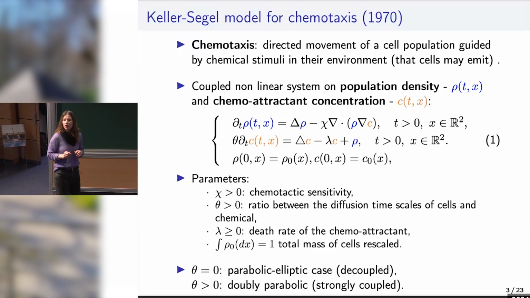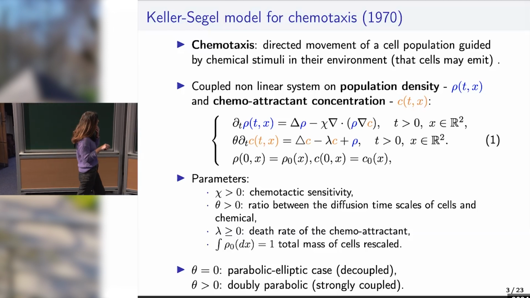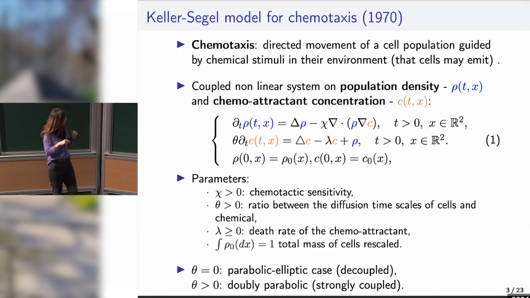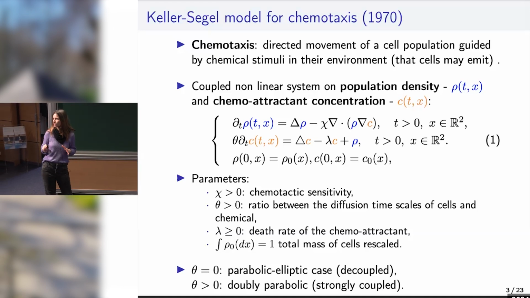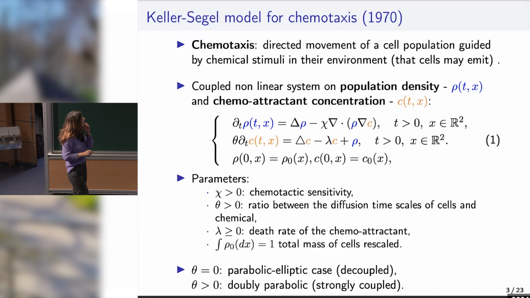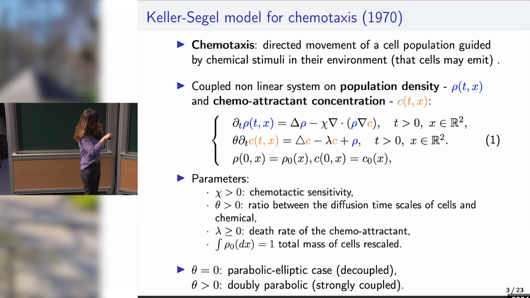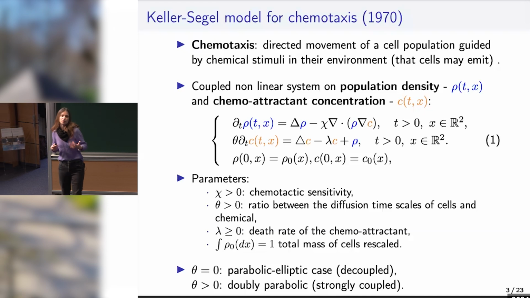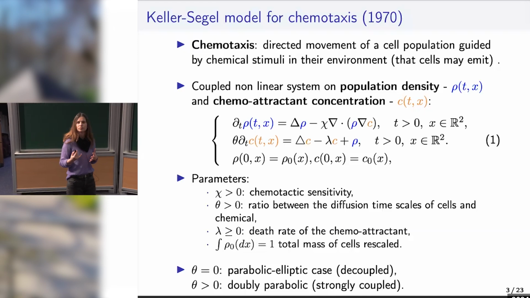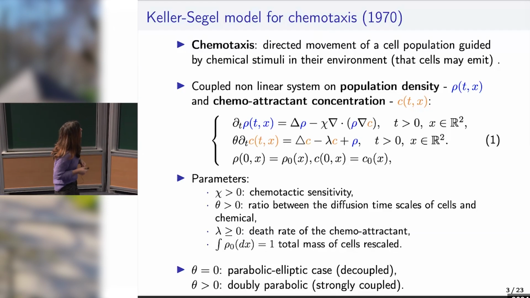However, when theta is strictly positive, this is the doubly parabolic setting, and you have a strong coupling between the two equations, so that you can't decouple them. This is going to be our case today. We are going to derive the system in this framework, where you can't decouple the two equations.